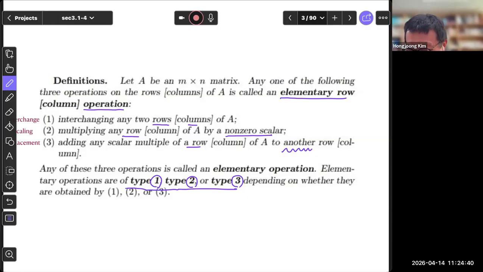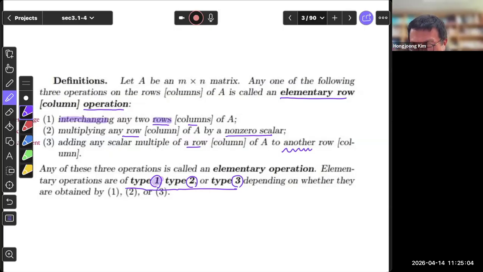Now, before I go to the next slide, let me go back to this. Interchanging any two rows, as I said, I will focus on the rows. Interchanging two rows is an elementary row operation of type 1.